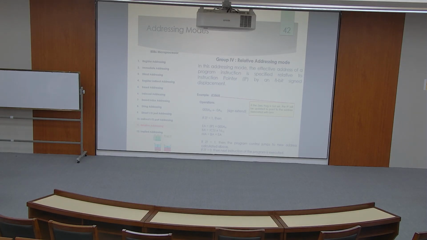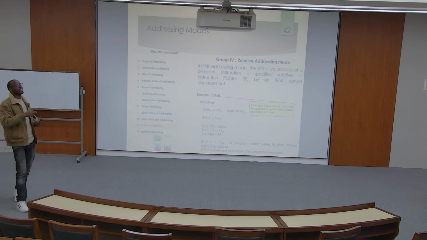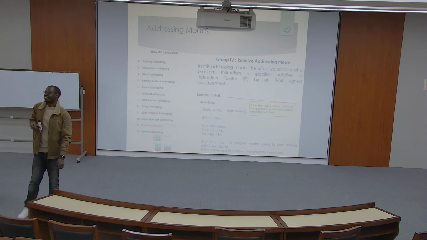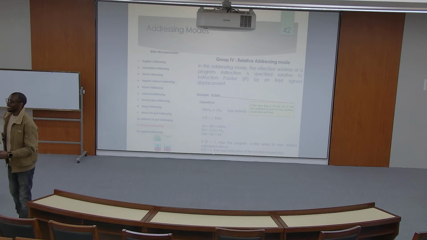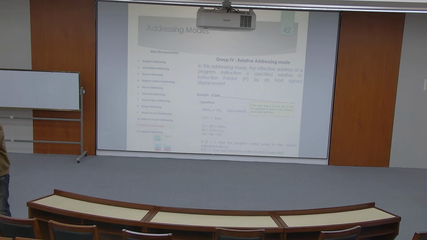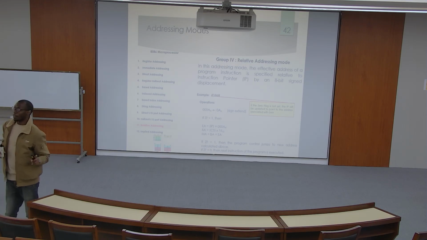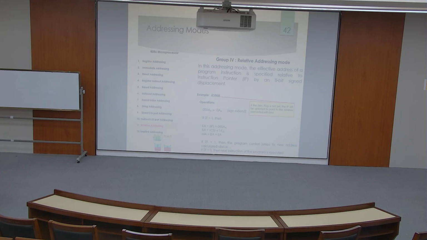Okay, how many bits is the address bus for the 8086 microprocessor? How many? Address bus. There is an address bus and a data bus. That was one of the questions in the quiz. How many bits is the address bus for the 8086 microprocessor?